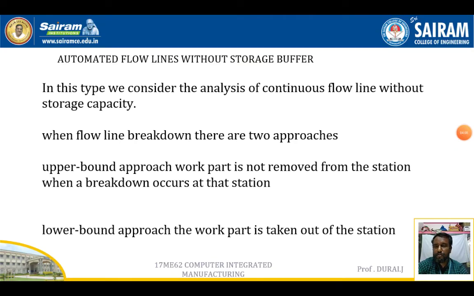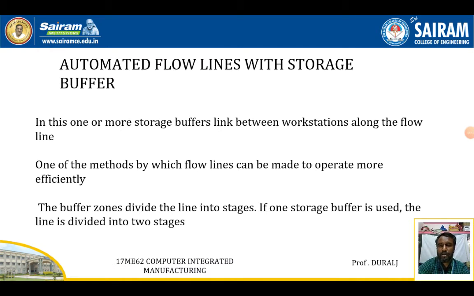Then comes the next one, the automated flow line with storage. In this, one or more storage buffers are linked between workstations along the flow line. If they are provided like this, that is called buffer storage. Without this, the machines are simply connected, which is the system without buffer storage. This is the system with buffer storage.